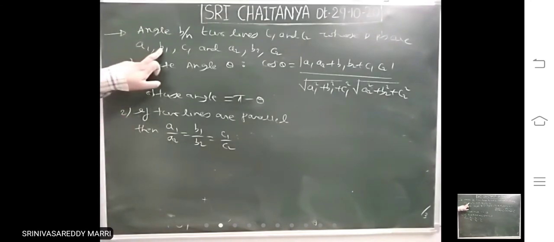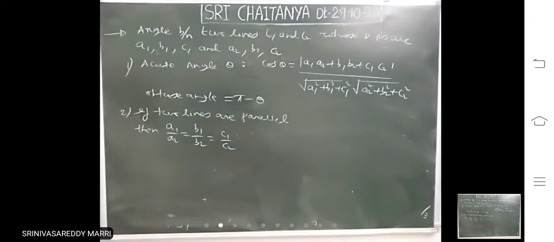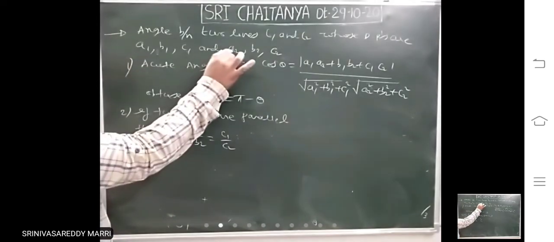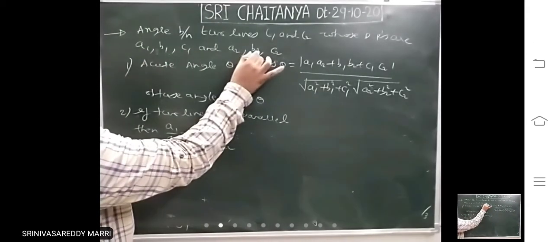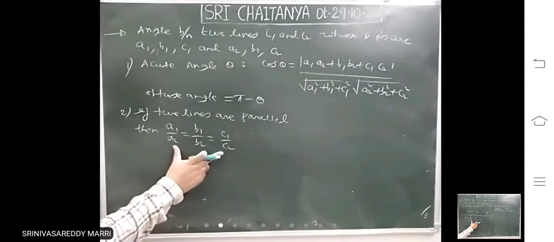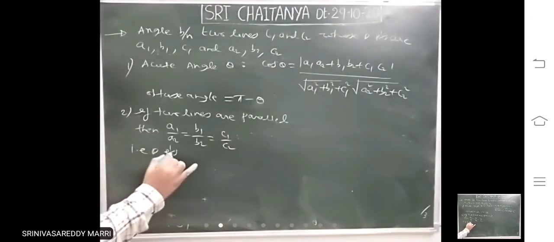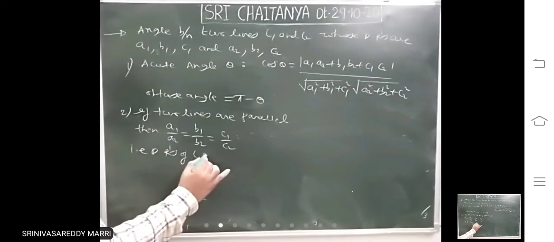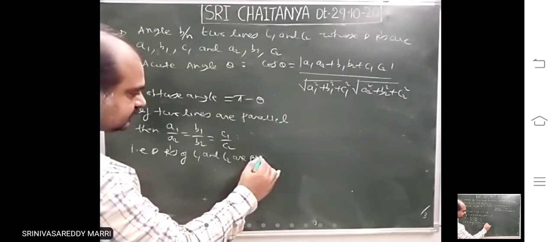Look at for line 1 DRs are A1, B1, C1. For line 2 DRs are A2, B2, C2. In straight lines we will equate slope. Here what is the condition is ratio of DRs must be same. A1 by A2, B1 by B2, C1 by C2. These three must be equal. That is, DRs of L1 and L2 are proportional.